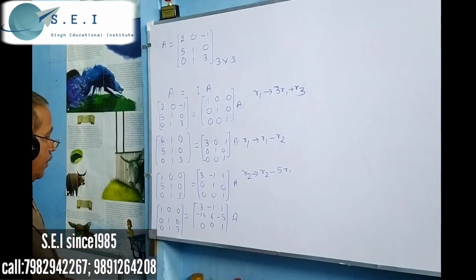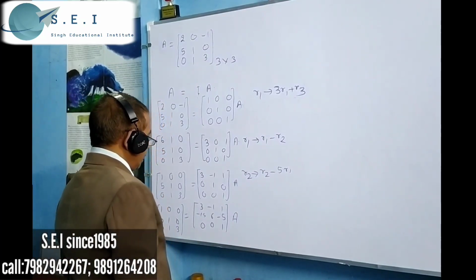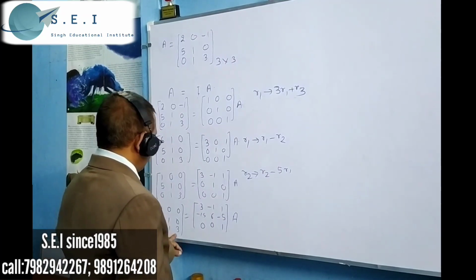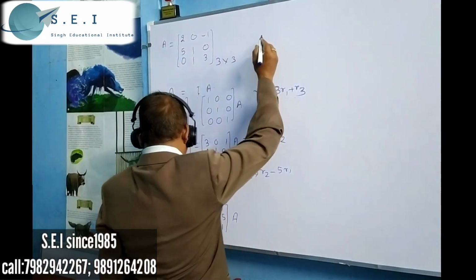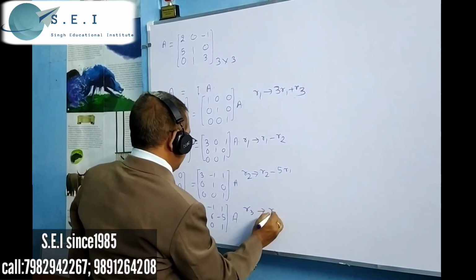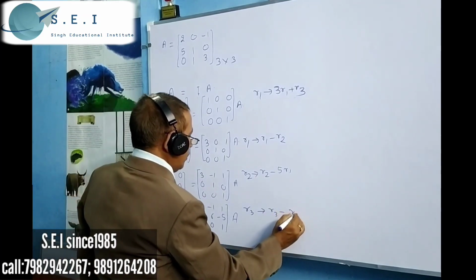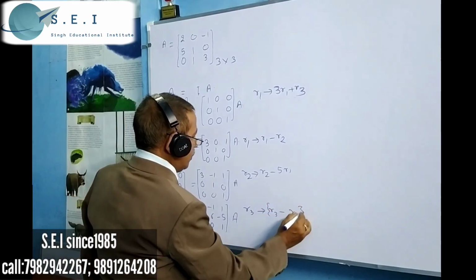The next operation is R3 is equal to R3 minus R2 divided by 3.